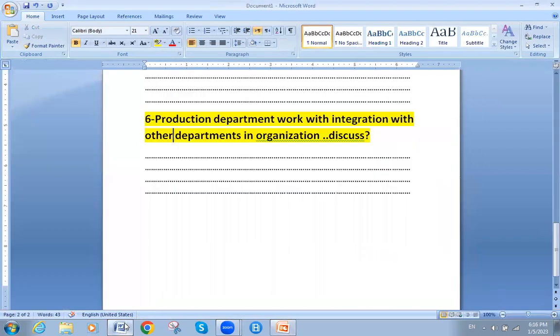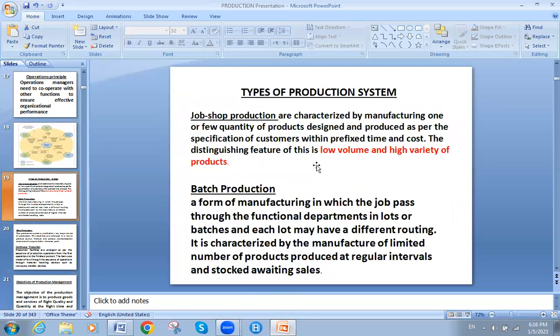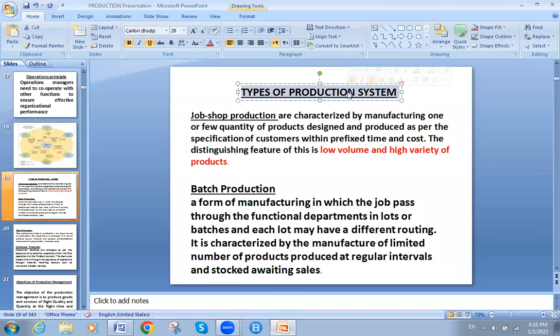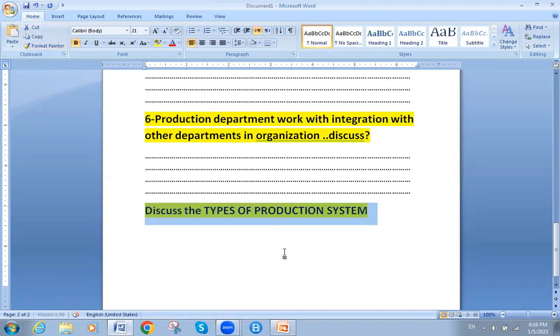Now, I have to put a question here about the types of production. Types of production system. This is very important. Discuss the types of production system. This is question 7, which is today's question.